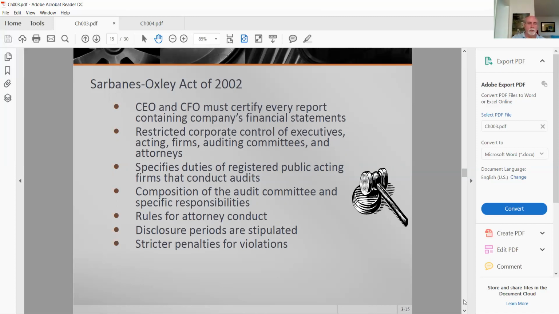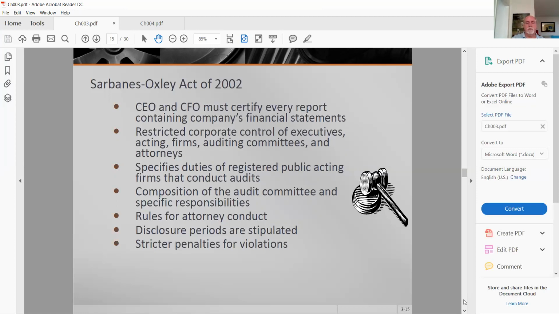Now, pointing directly to Joe and Saeed, they talk about the CEO and the CFO. However, the CIO and even the CKO could wind up finding themselves pulled into the issues relating to the Sarbanes-Oxley Act, okay?